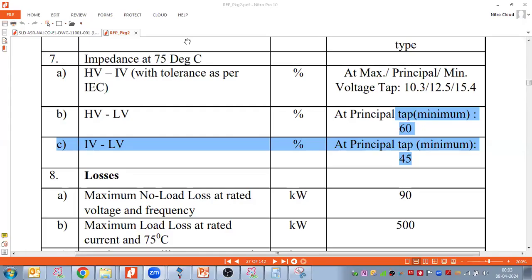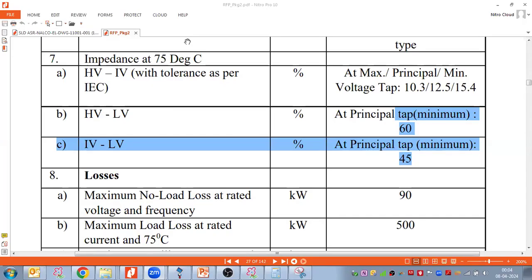So what is the advantage of YD1, why are they selecting YD1? The advantage is the delta winding. We have discussed the advantages of zero sequence and delta connections. The same advantage applies here. Okay, sir.